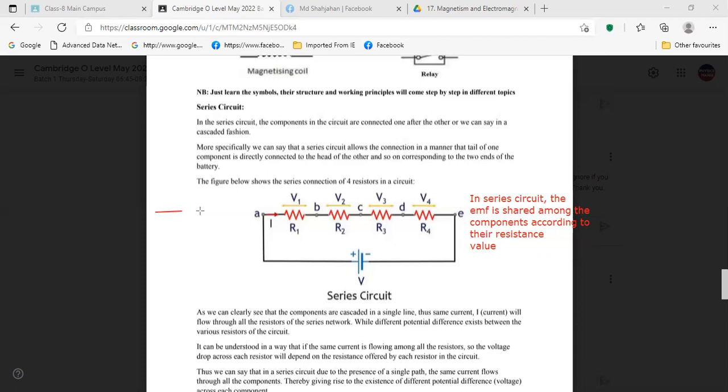Here we have power supply. One is here, resistor. This one is another resistor. Okay.